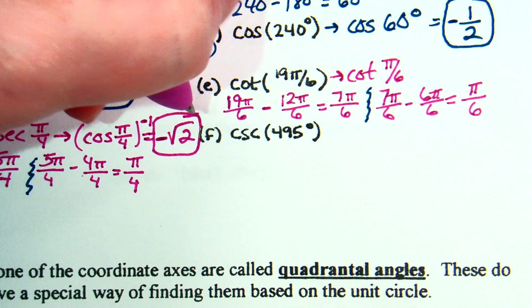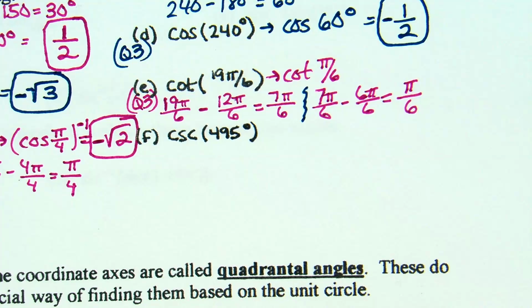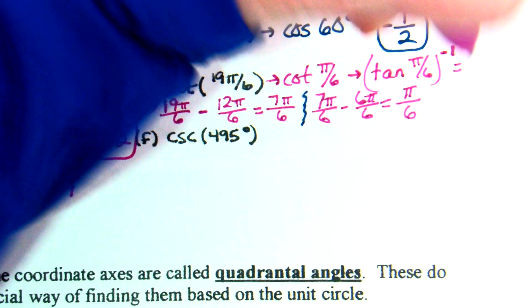We're in quadrant 3. Now, what do you know about cotangent? It's the reciprocal of tangent. So really we're going to be doing the reciprocal of tangent of pi over 6 in quadrant 3.